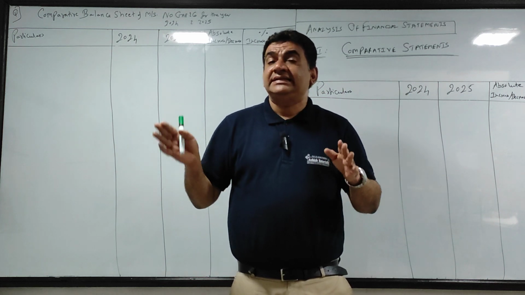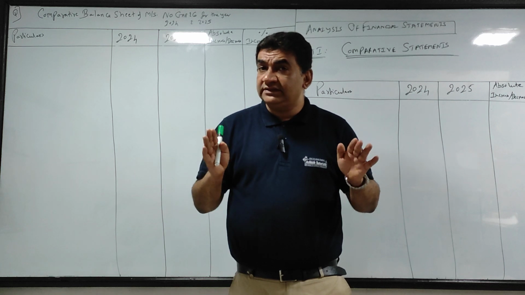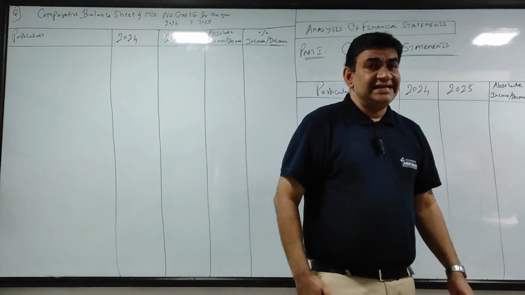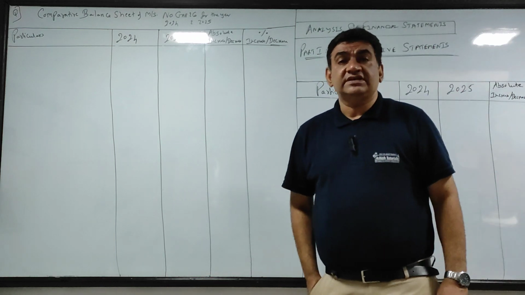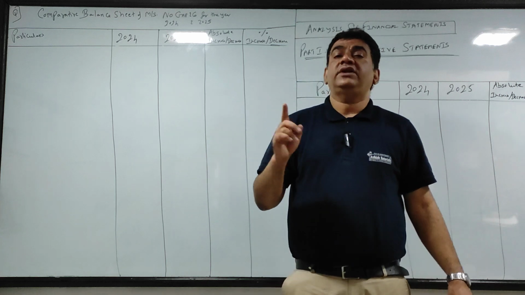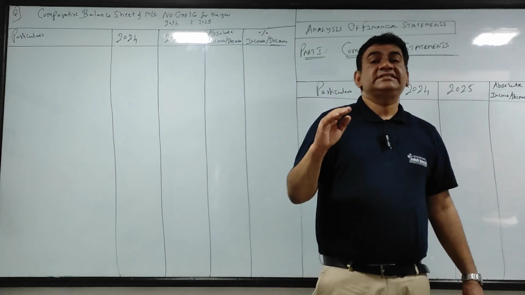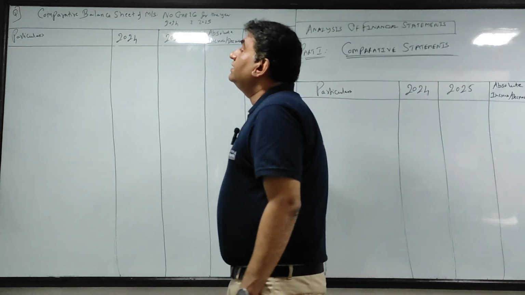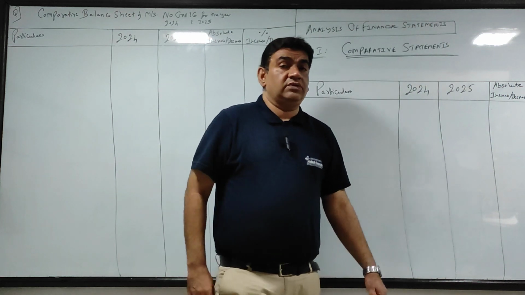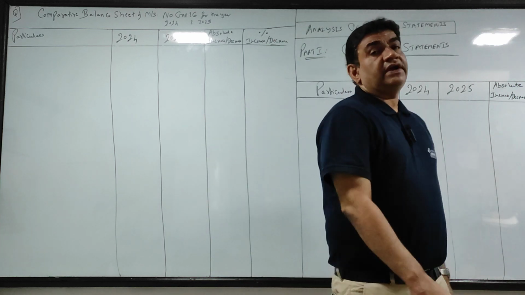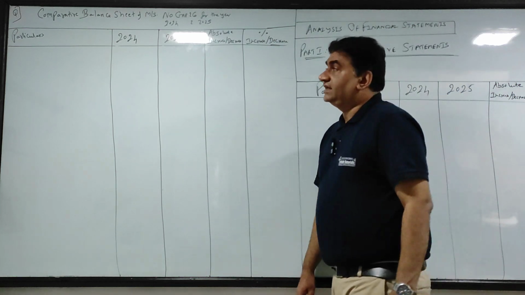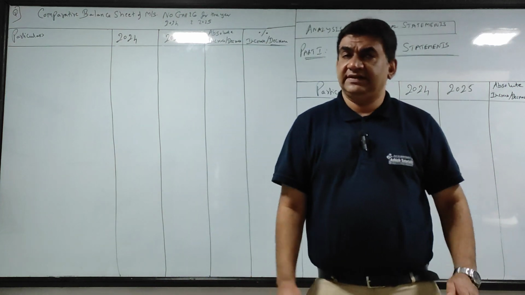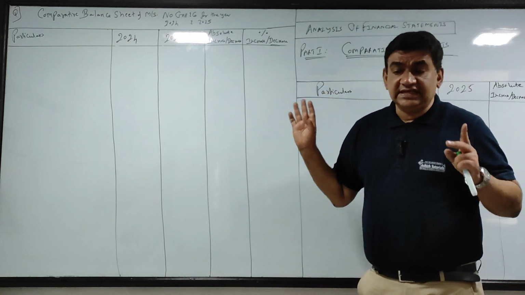Find out, as compared to previous year, how much is the increase or decrease in amount, and also find out the percentage of increase or decrease. How to do it? Let's see in the sum.